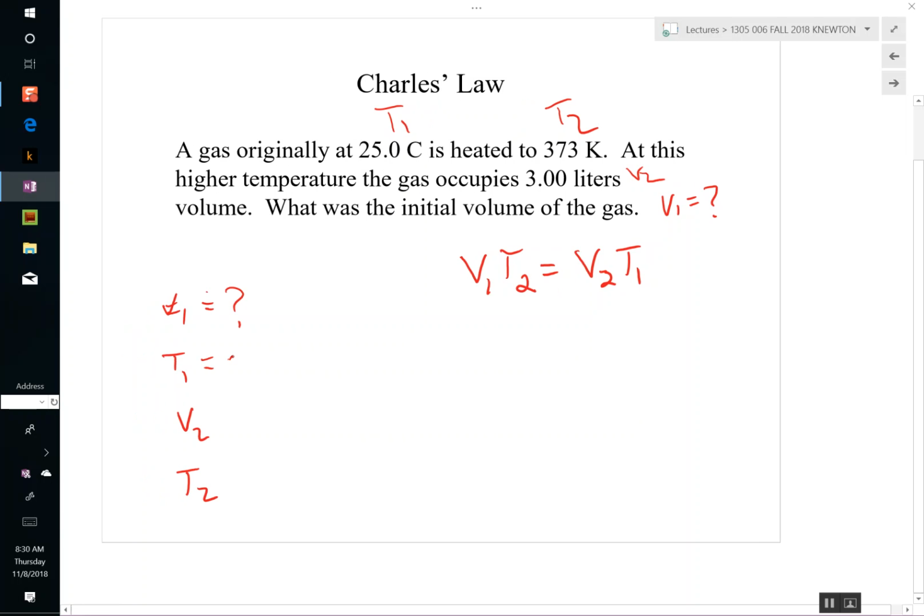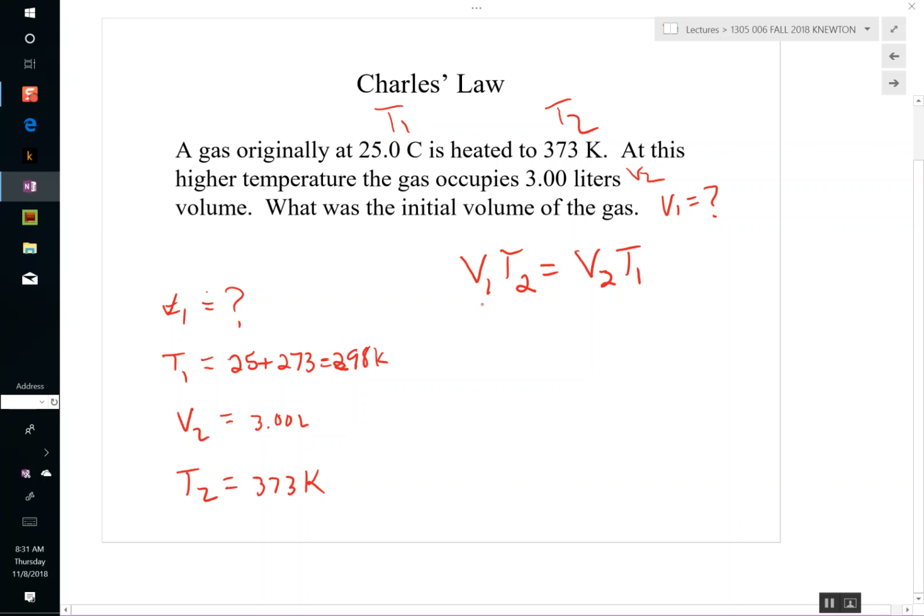T1 is 25 plus 273, 298 degrees Kelvin. V2 is 3 liters. T2 is 373 Kelvin. Okay, now there's a problem where they actually mixed up centigrade and Kelvin. They got one of each.